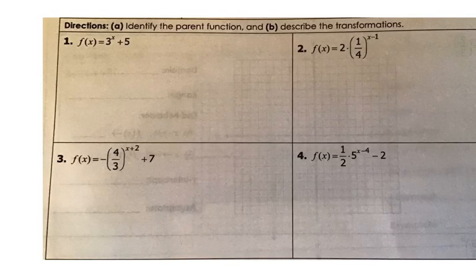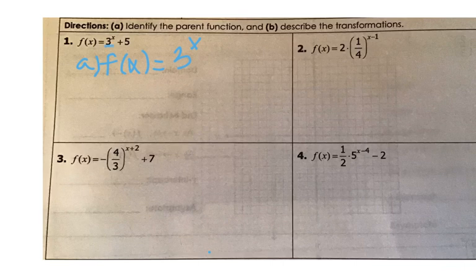Okay, so now we're looking at your first set of examples. So for the first thing, we're going to identify the parent function. In number 1, your parent function is f of x equals 3 to the x power. Does everybody see that?